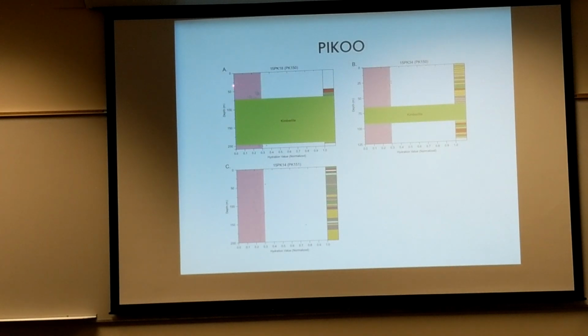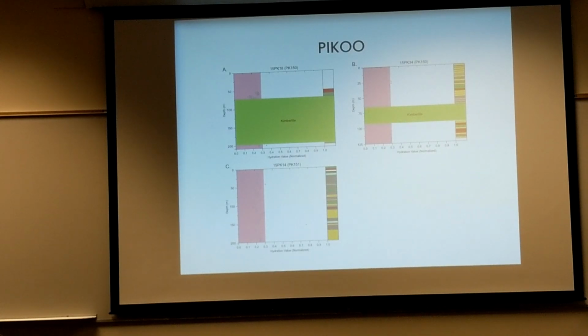And Piku comes. We measured Piku in the beginning. We wanted to make sure that we weren't just measuring everything and getting a result that showed us what we wanted to see. Piku is very important because it doesn't have a lot of data that goes into the hydration zone.